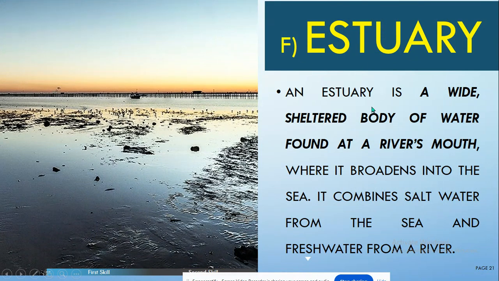Now, an estuary is a wide shaped body of water found at a river's mouth. If you read well, it's a bit similar to the definition of delta, but here it's a single channel which is widened, broadened, while on a delta we might have different channels.